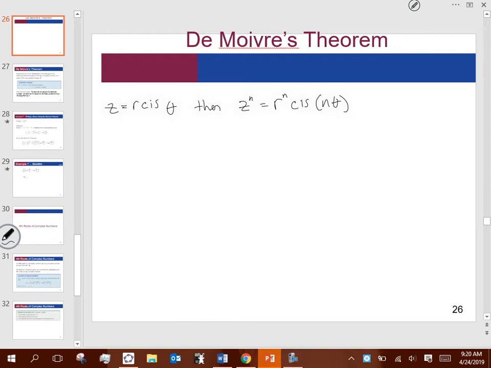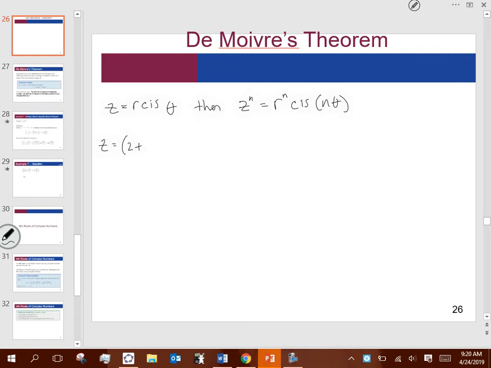Now, what I want to do, guys, is go through a procedure here that shows the benefit of this theorem. I want to go a little bit slower than we did in the last class because we made some mistakes, and it just got to be kind of a pain.